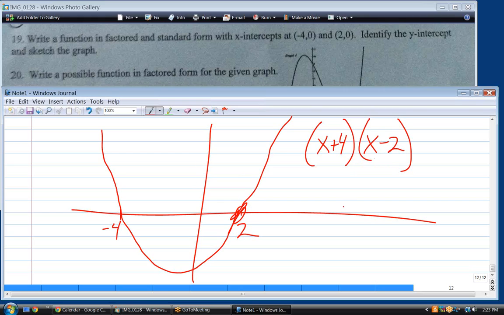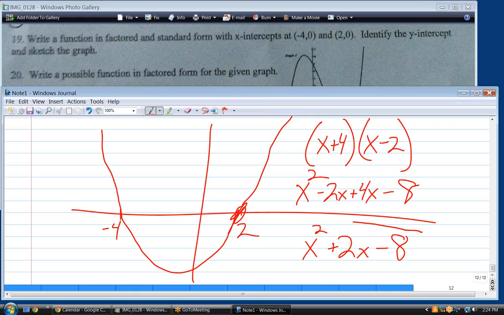So multiply those 2 together, what do you get? x squared, minus 2x, and then plus 4x, minus 8. Simplify. Well, it'd be x squared plus 2x minus 8.